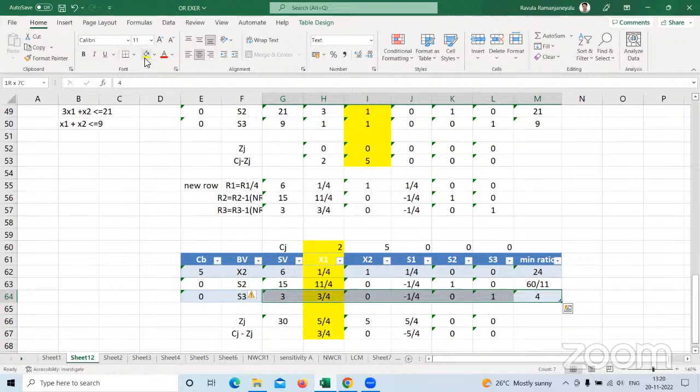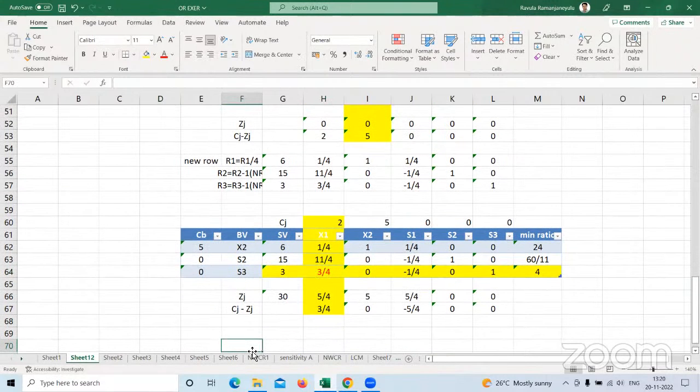Is that correct? Yes, sir. The element is 3 by 4. If you calculate the new value or new row, the new row is third row.